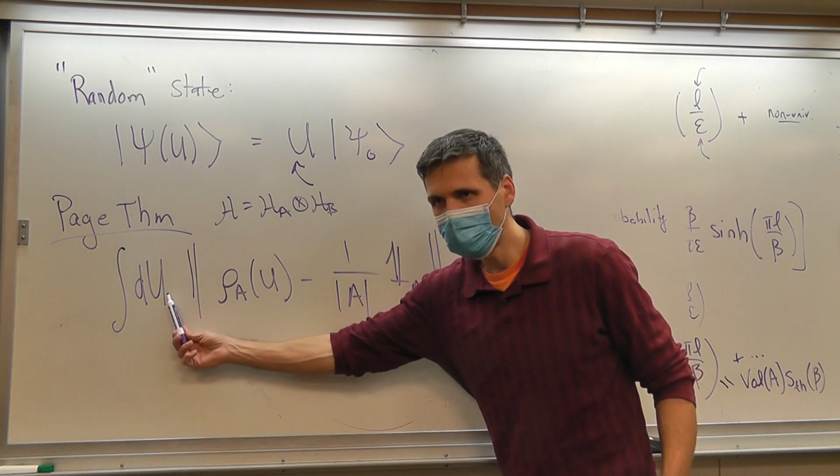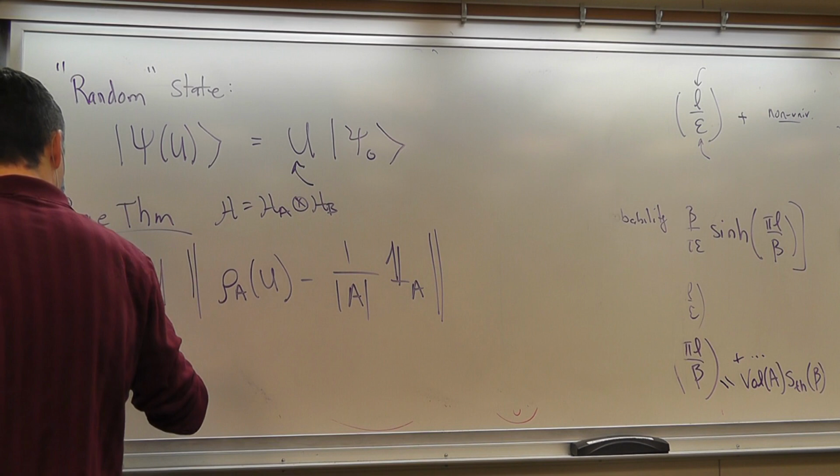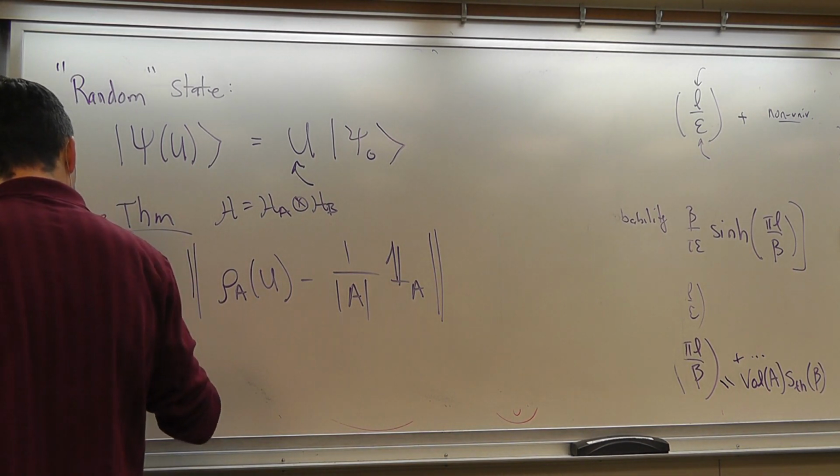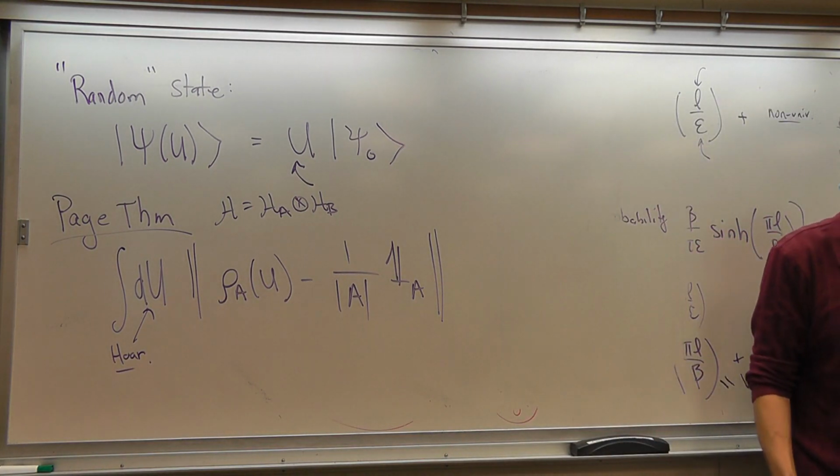The integral du is the integral over unitary matrices with the Haar measure. Haar measure just means the measure on unitaries that respects the symmetry.